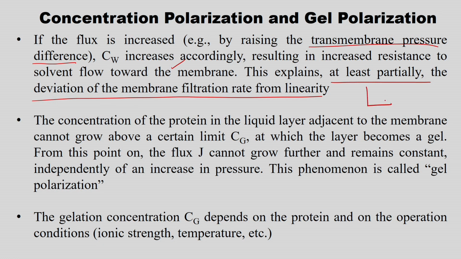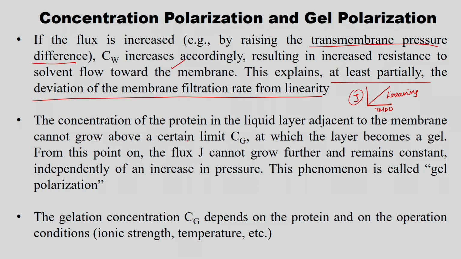So, normally with respect to TMPD, I have a flux, J is the flux. So, the line is linear. So, when you increase TMPD, the J also gets increased linearly. So, when gel polarization occurs, that means the Cw increases near the membrane, it also affects the linearity between J and TMPD.